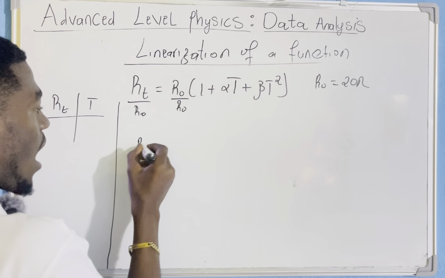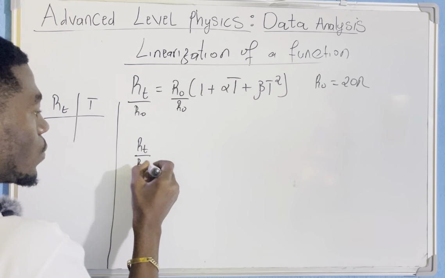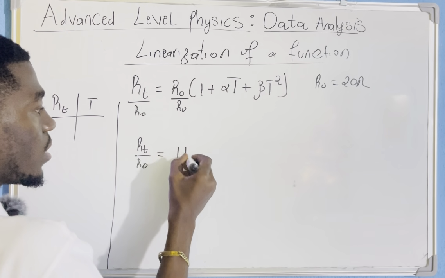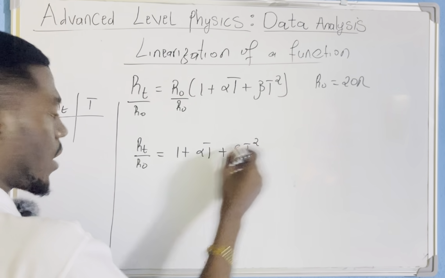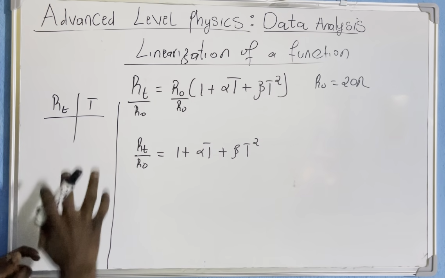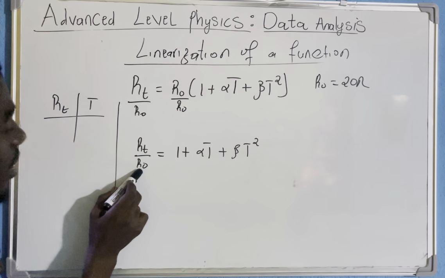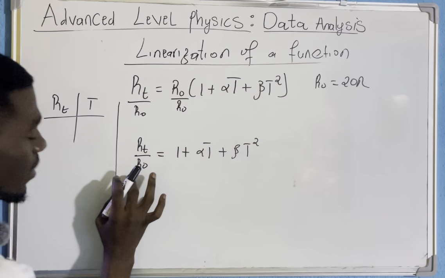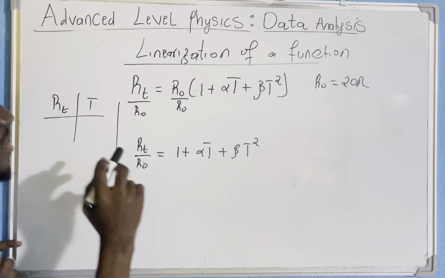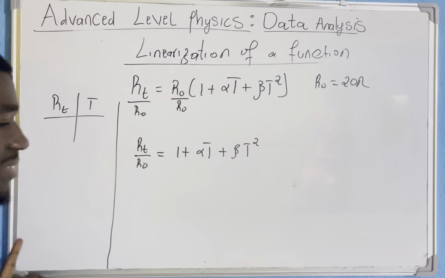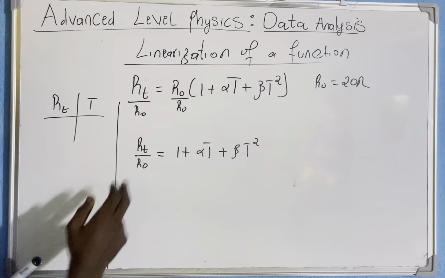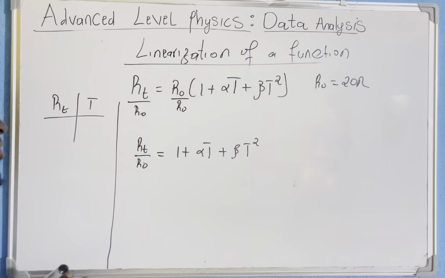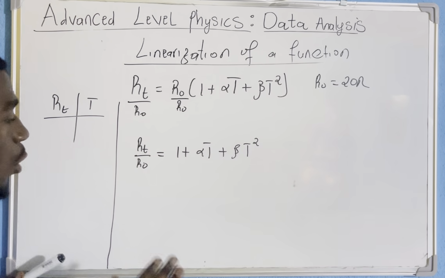You see that I will have RT all over R0 equals 1 plus alpha T plus beta T square. It's just from simplifying the equation. This R0 here is no problem because it is a known constant. If it was an unknown constant to be determined, I could not put it here. Since it's a known constant, I can put my R0 there without any problem.